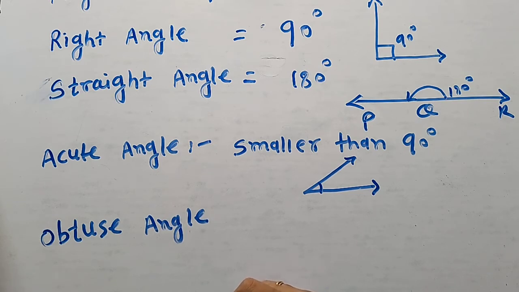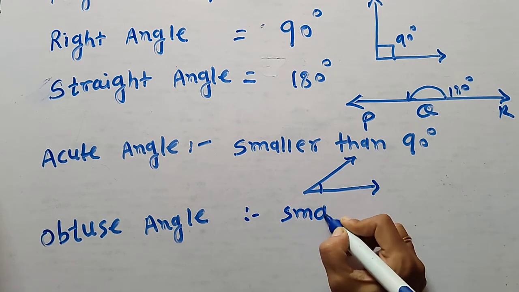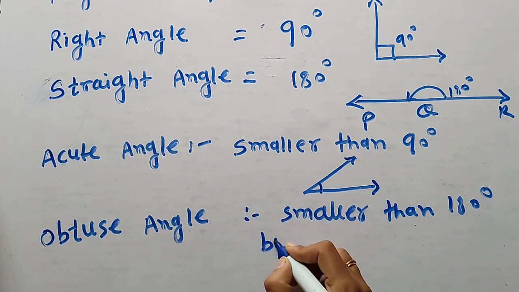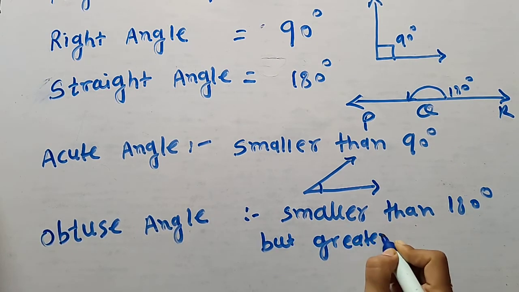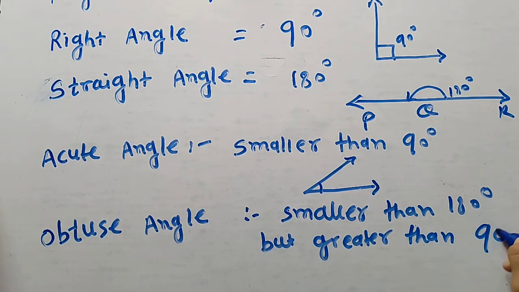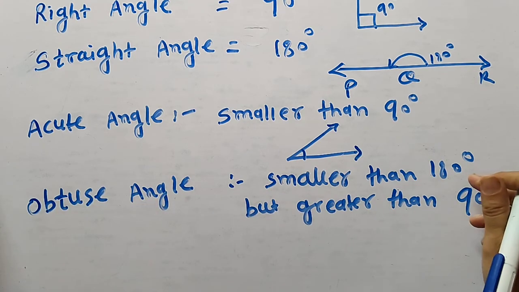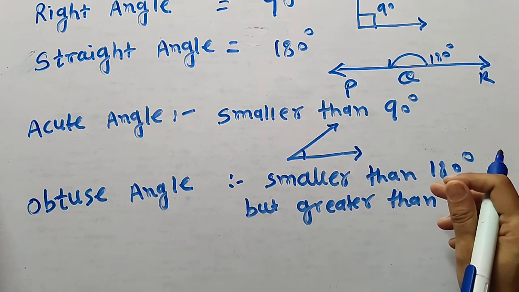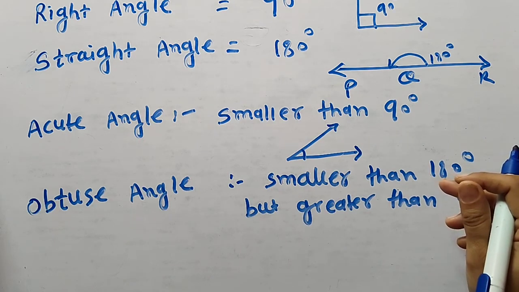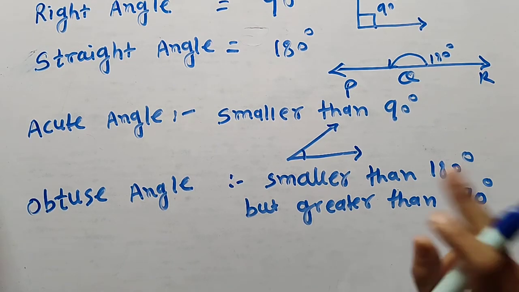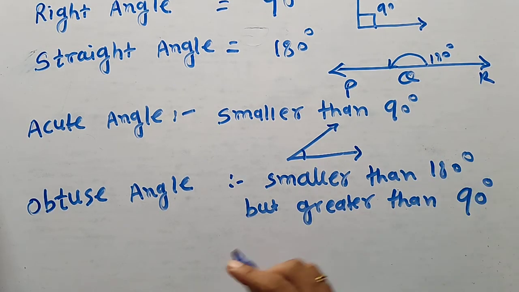It is smaller than 180 degrees but greater than 90 degrees. Angles like 130, 145, 170, 178 degrees, up to 180, are obtuse angles.